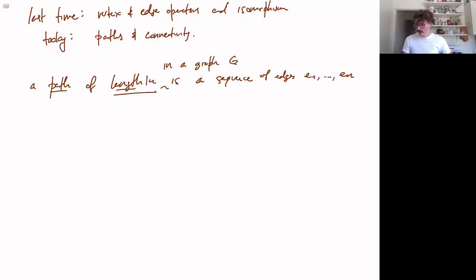So the length, n, is the number of edges in our path. And a path is a sequence of edges that basically forms a path.